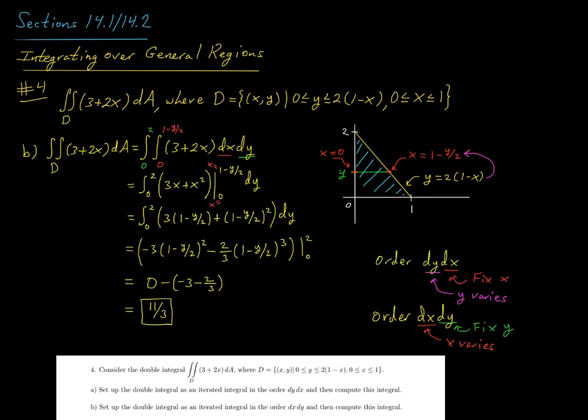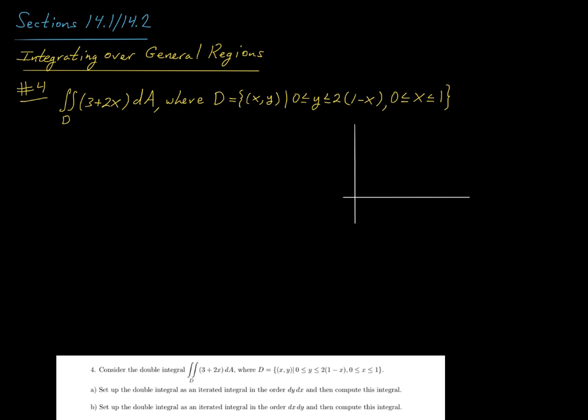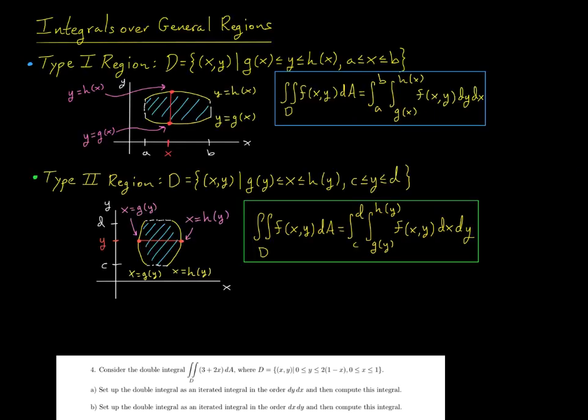All right, so now what I'd like to do is just pull up a general setup here. Okay, so I broke this up into what we call type 1 and type 2 regions. And so let's say our region D is like part A of question 4. So we have, say, bounds on y, and maybe the bounds are in terms of functions of x called g and h. So y is between g for the low end and h for the high end.